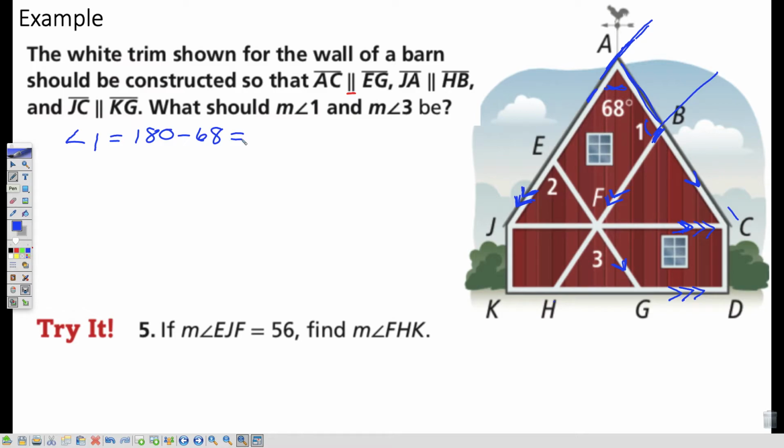Yep, 112. And what relationship did I use? Same side interior, and I expect to see that today again. I can't spell today.